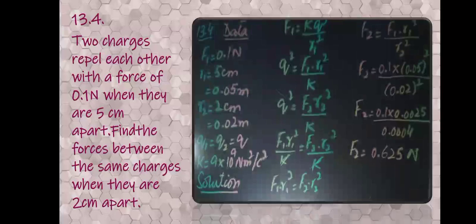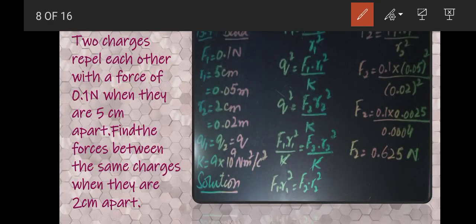Keep it in your mind. Mostly students make this mistake here. 0.05 meter will be there. R2 is 2 centimeter in the second case, and I have not written F2 here. You can mention that you have to find out F2 here in the data.